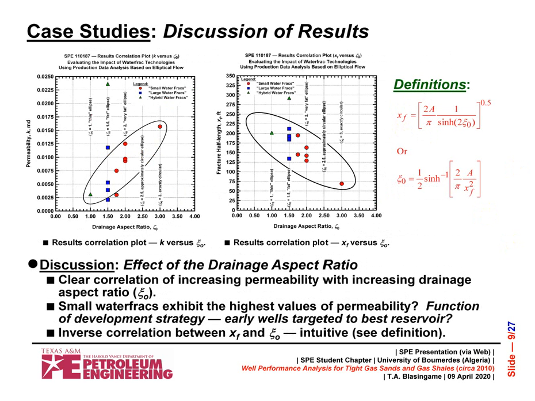The next slide shows something kind of interesting, the permeability on the y-axis and then the drainage aspect ratio on the x. And this is a calculated parameter based on how the analyst saw the particular nature of the match with the elliptical flow type curve. So a 3 is exactly a circle, a 2.5 is approximately a circle.